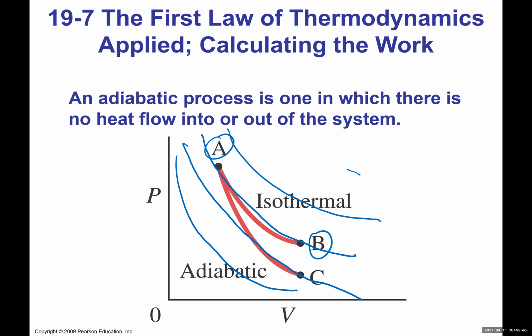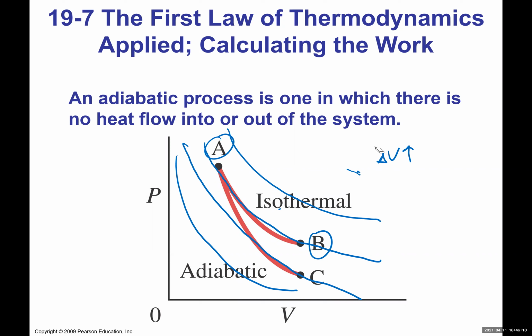And you can see that going from A to B is an isothermal process because we always go along that line, my line doesn't necessarily show that, but let's say it does. Going from A to C is different because we are increasing our volume.